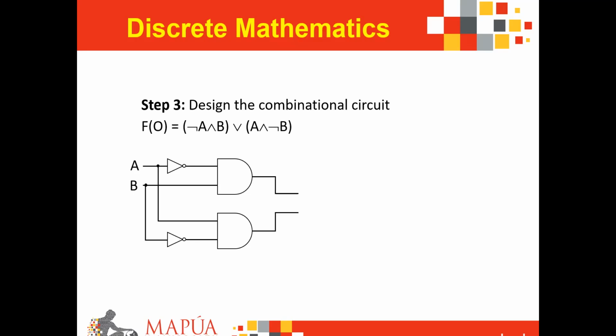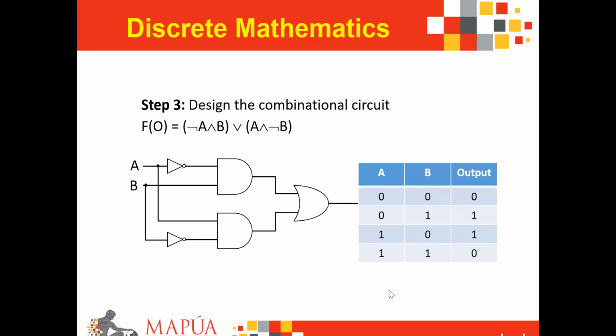And then the outputs of these AND gates are joined together at your OR gate. The output is seen here, which reflects the truth table.